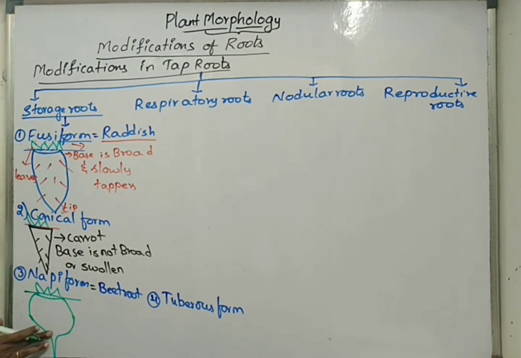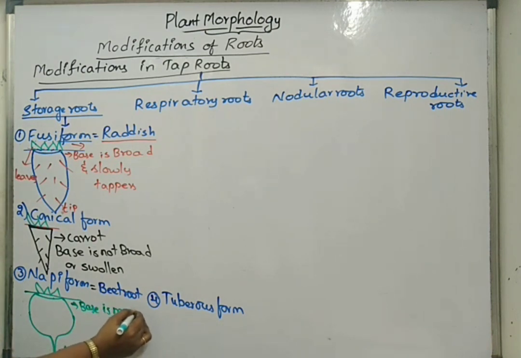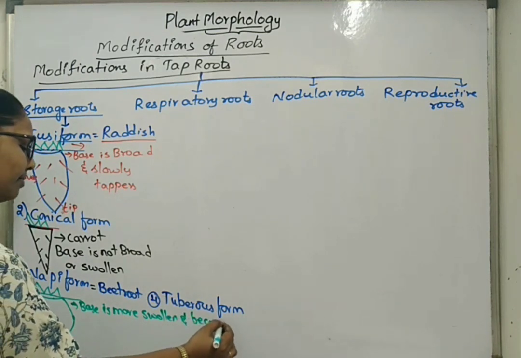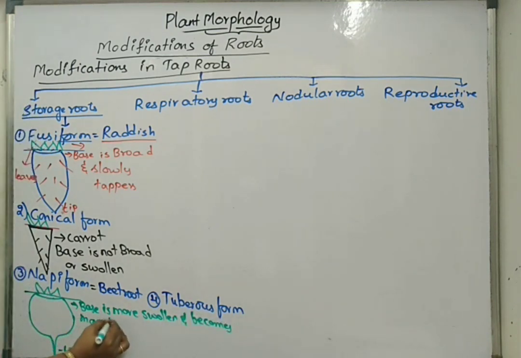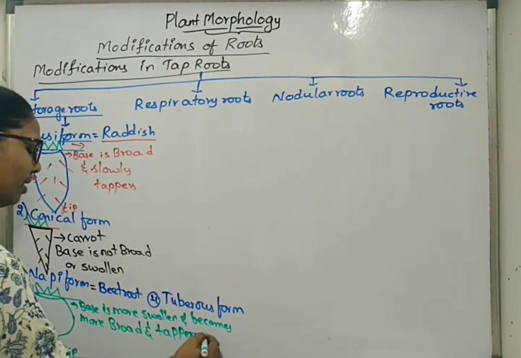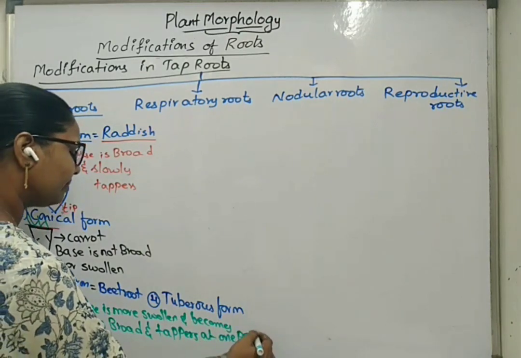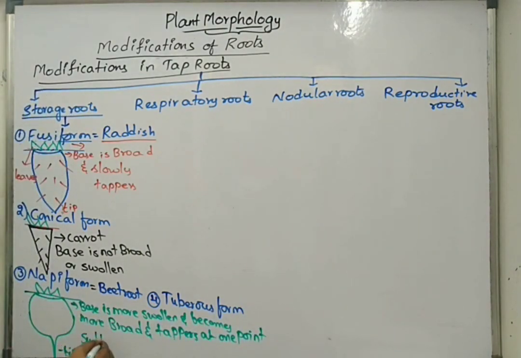So here, this is the base part of the root. This is the tip. This is the base. So base is more swollen and becomes more broad and tapers or becomes narrow at one point suddenly. It also has some roots like this.